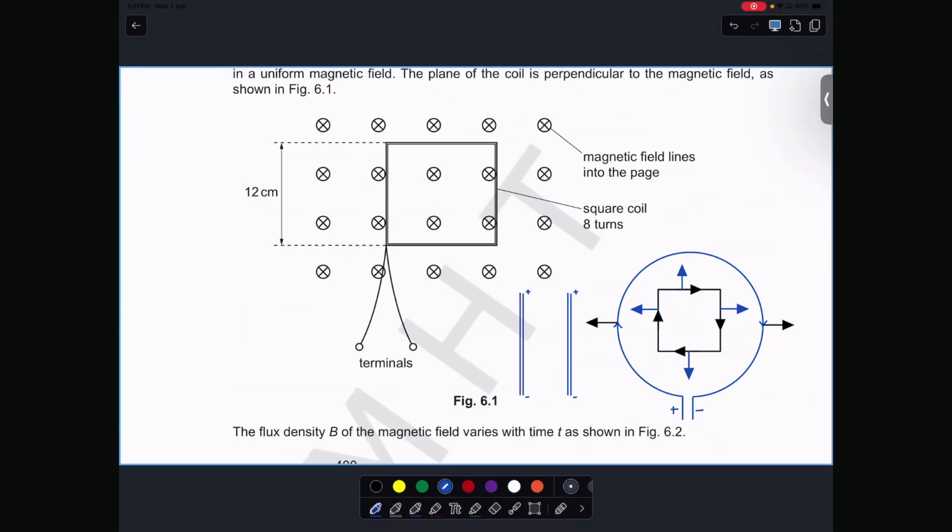Outwards হওয়ার কথা, inwards লেখা। আচ্ছা আমি চেক করে দেব। Yeah, so one mark: induced EMF produces current, current causes a force, opposite sides of the coil forced inwards.